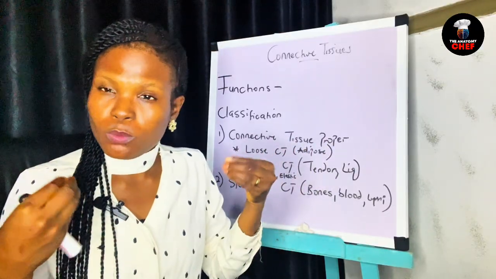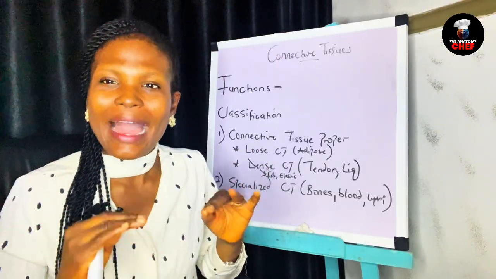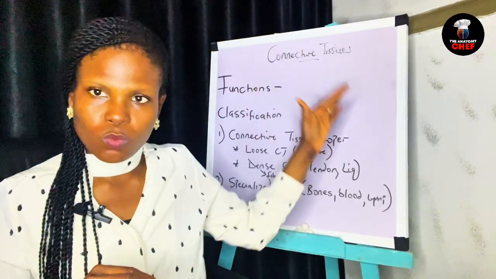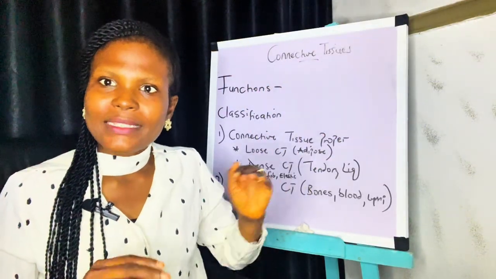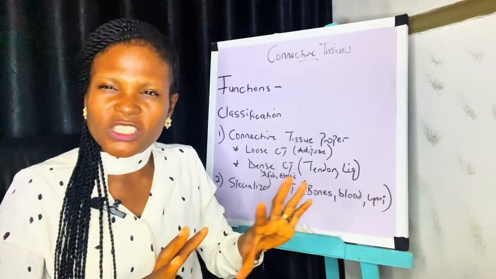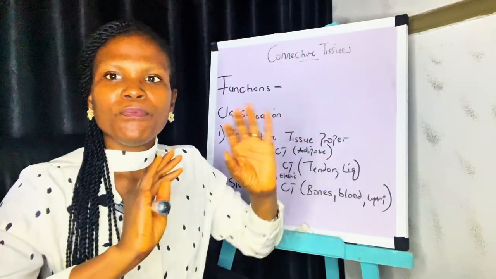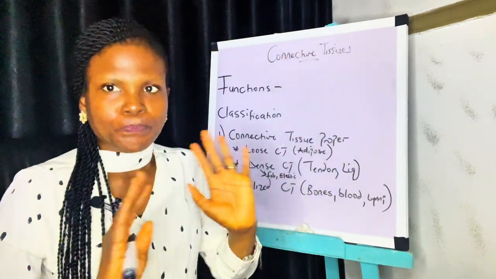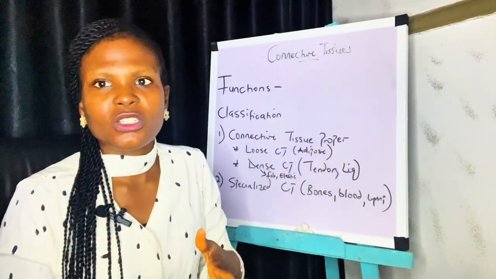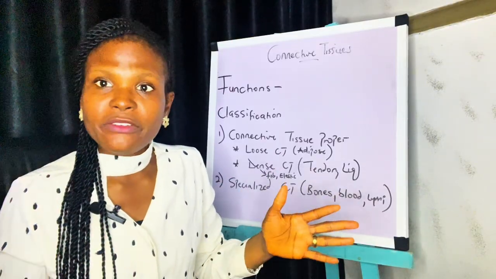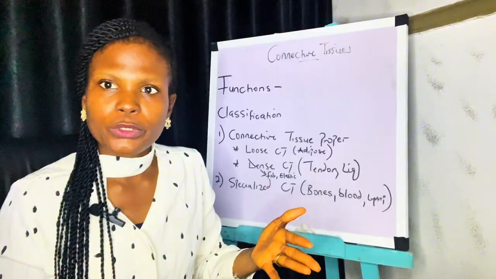But how I prefer to classify is the way I did it: connective tissue proper and then specialized connective tissue, because these specialized connective tissues are in a special class of their own. They're not properly under the class of connective tissue. That's why we classify them under specialized connective tissue. So you have your bone, your lymph, and your blood.